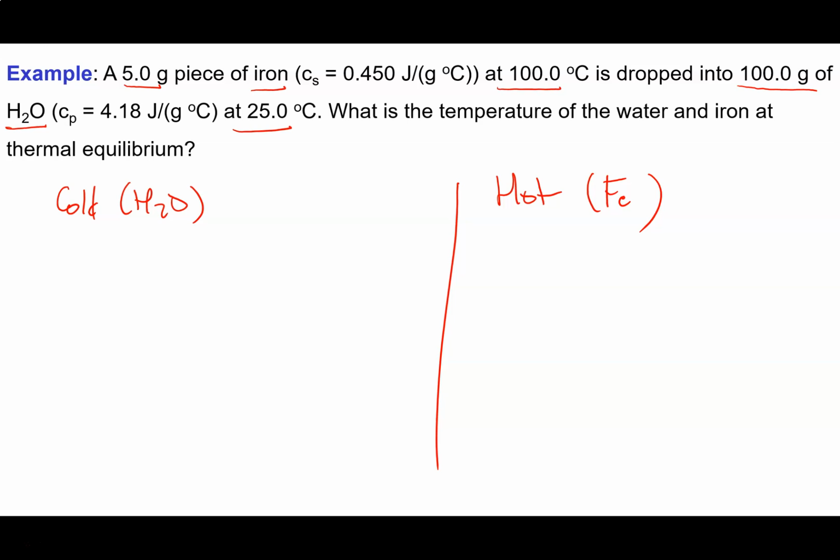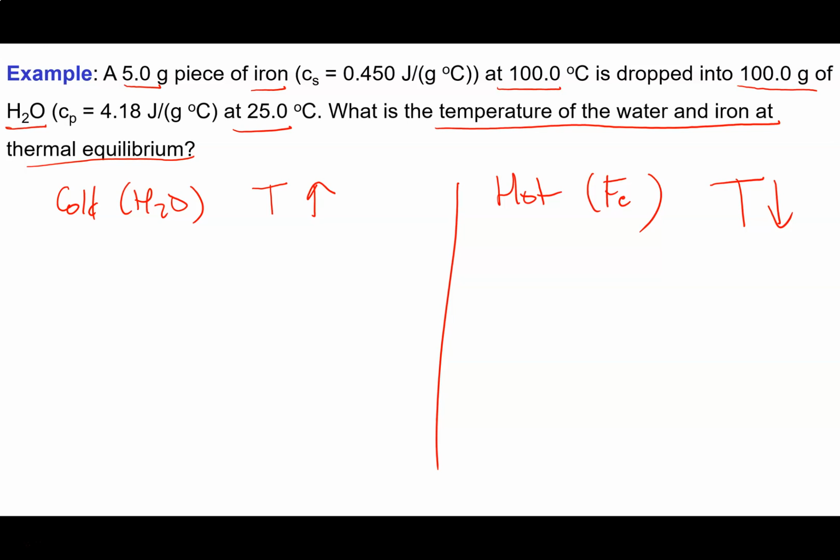What's going to happen is that the temperature of the cold object is going to go up, and the temperature of the hot object is going to go down, and then they're going to reach the same temperature, and heat will stop moving and they'll be at equilibrium. So for us, this is what this problem is all about. It says, what is the temperature of the water and iron at thermal equilibrium?